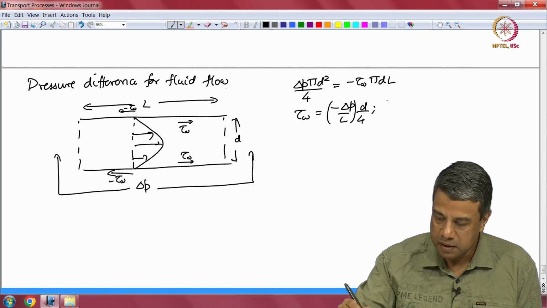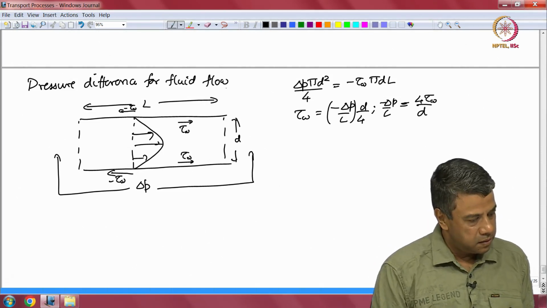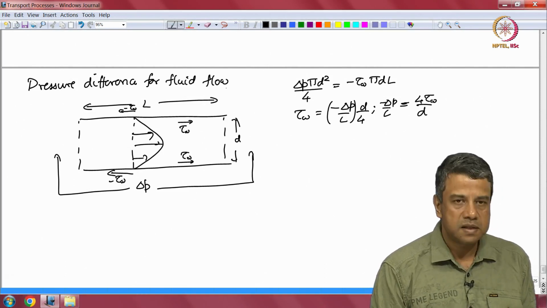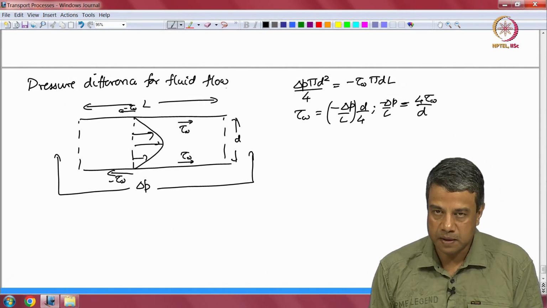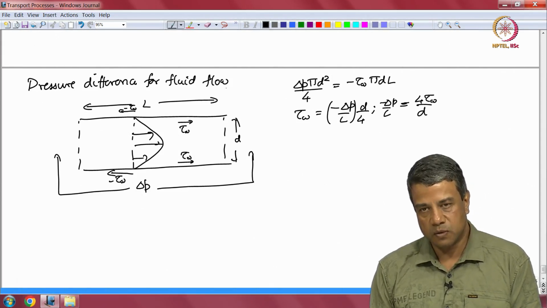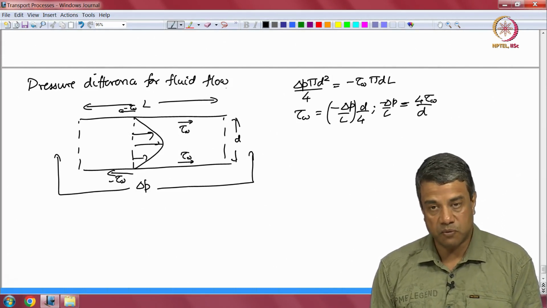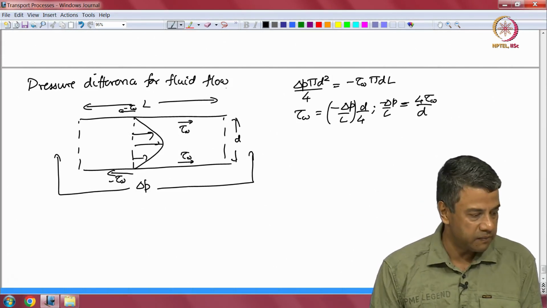Alternatively, you can write minus delta P by L is equal to 4 tau w by d. So, this is the force exerted per unit length of the pipe. As the pipe length increases, you have to exert more and more force, with the pressure difference proportional to the length, for getting the same velocity.